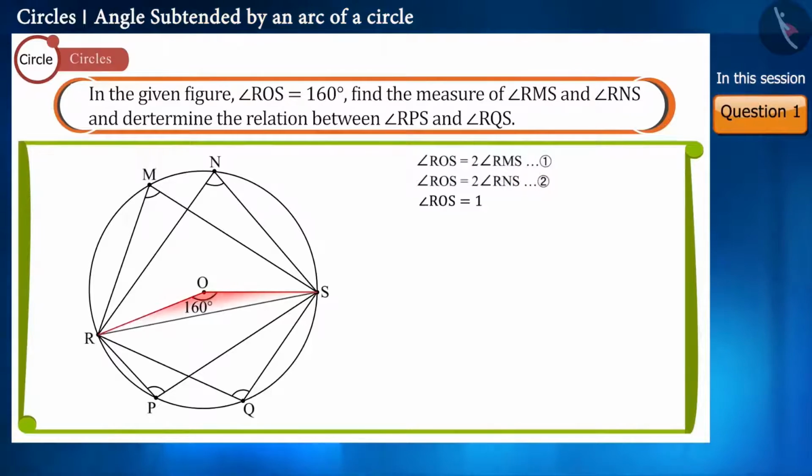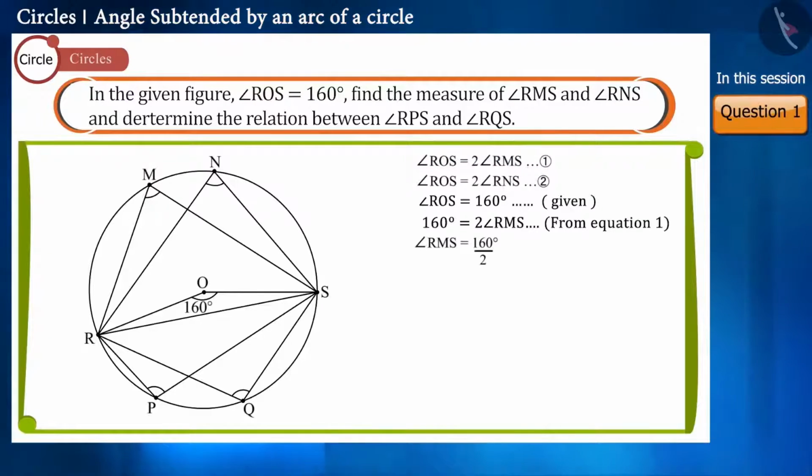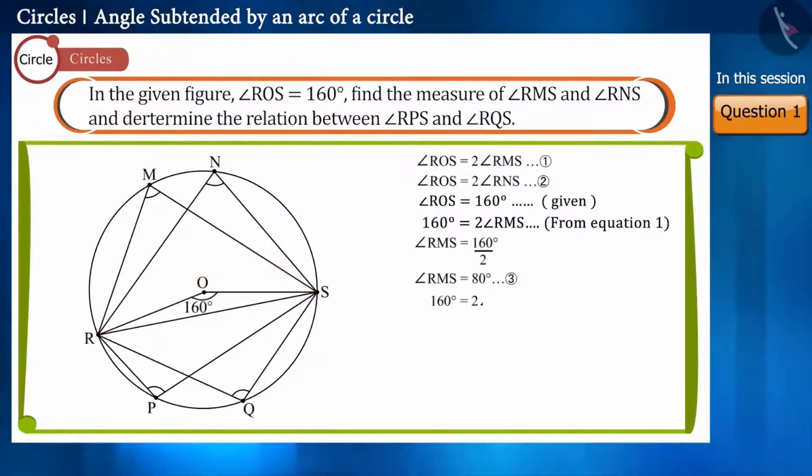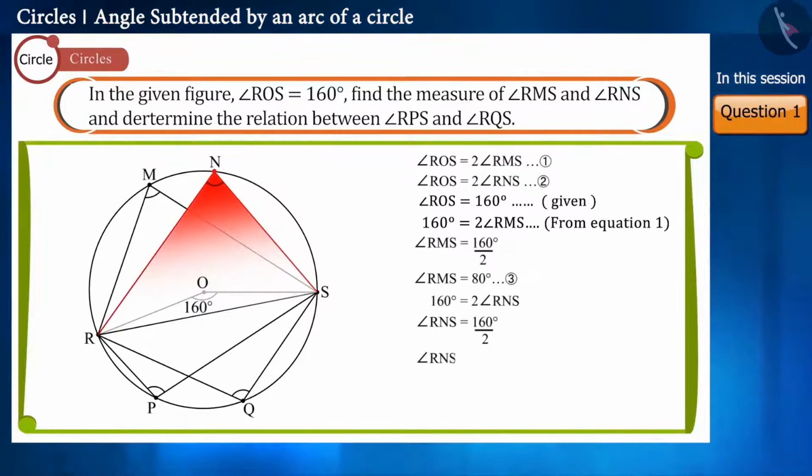In this question, the value of angle ROS is given. In equation 1, we substitute its value and solve it in this way. We will get the value of angle RMS equal to 80 degrees. Similarly, we will get the value of angle RNS equal to 80 degrees.